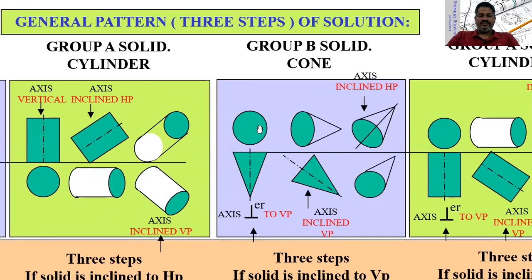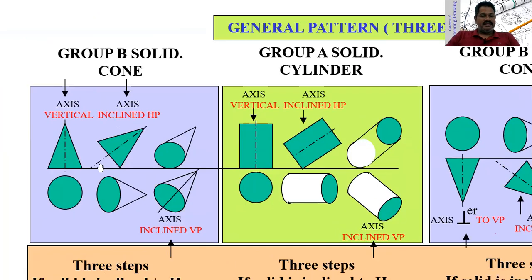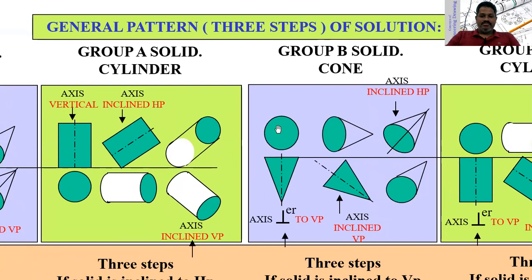But in this case, the base of this cone is lying on VP, but here the base of this cone is lying on HP, such that the axis is perpendicular to VP. As you can see here, this is the vertical plane. This horizontal line is a vertical line.